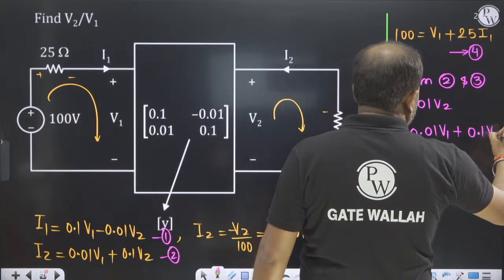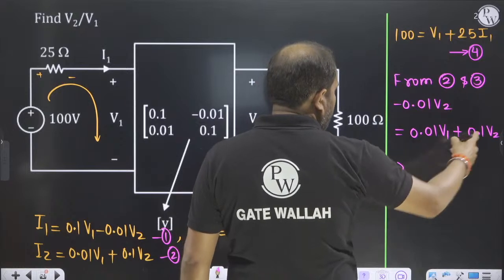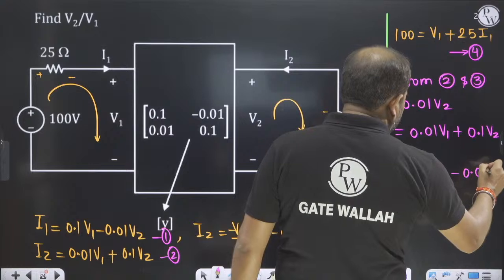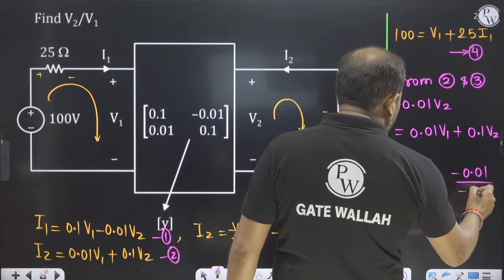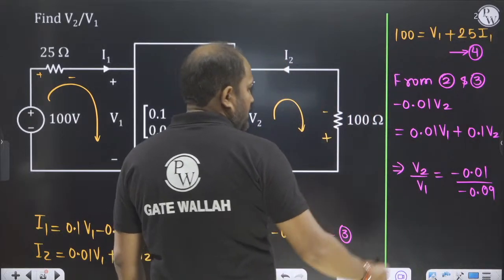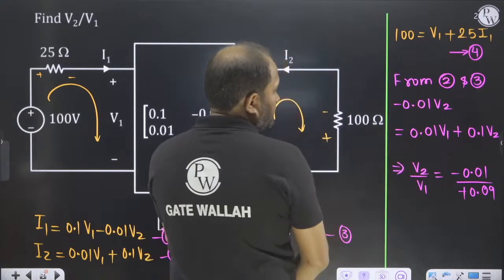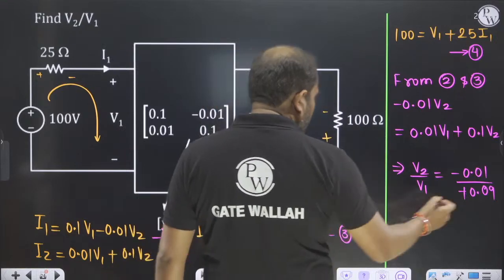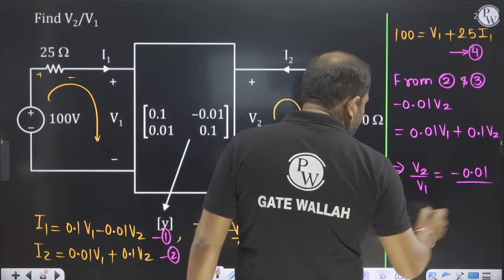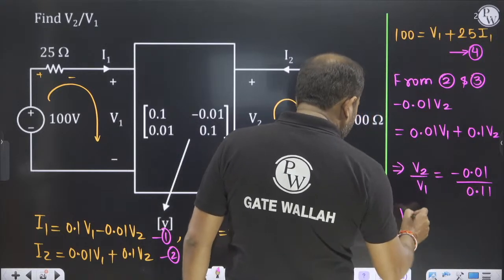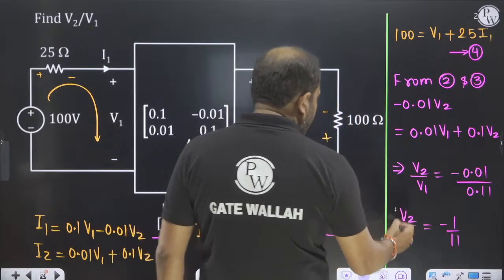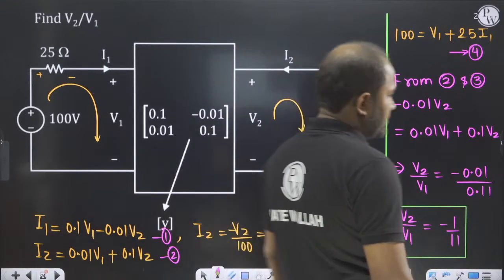Then V2 upon V1 will be minus 0.01 divided by 0.09 plus... so it will be plus 1, so 0.11. So the ratio V2 upon V1 will be minus 1 by 11. So this is V2 upon V1.